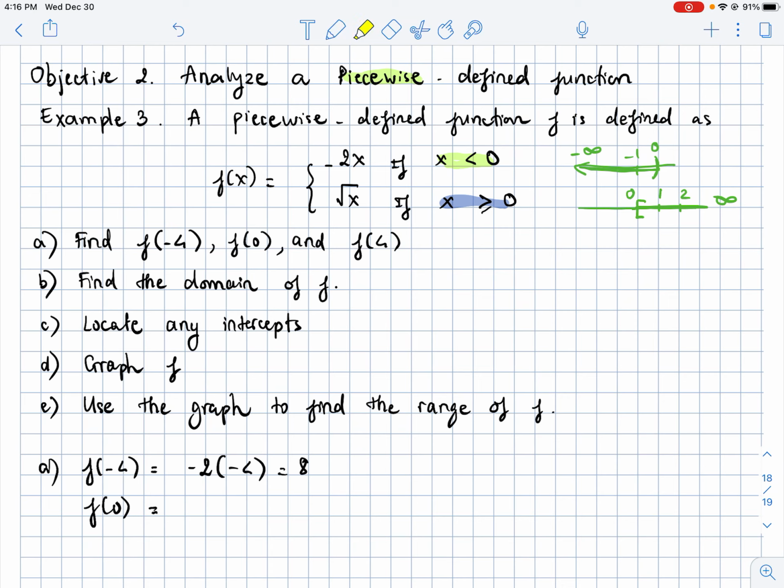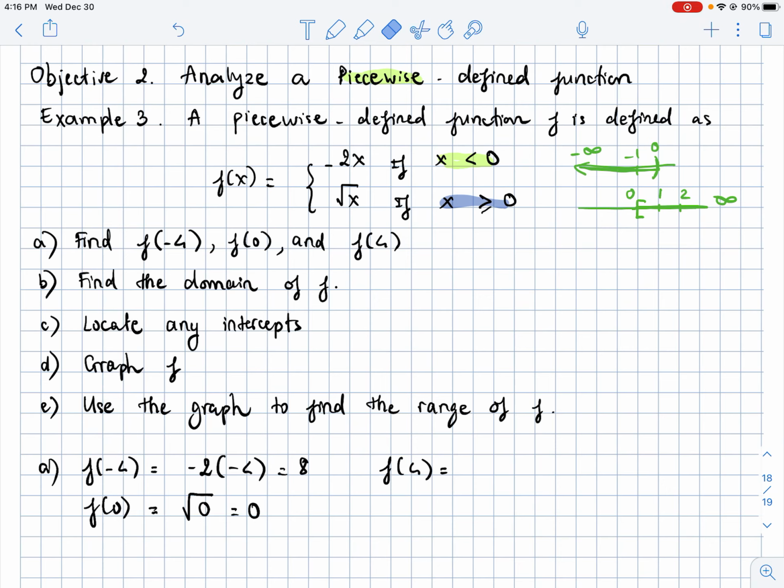f of 0. 0 is in the domain of the second piece because in the second piece you see that it's greater than or equal to 0. So the second piece includes the 0. We plug into the second piece, square root of x. So square root of 0 is 0.